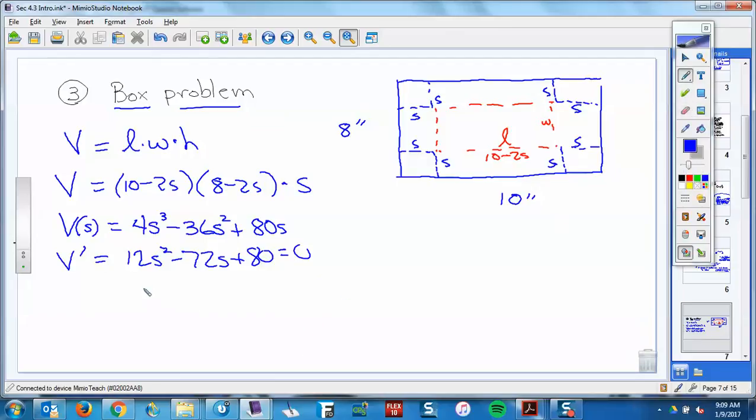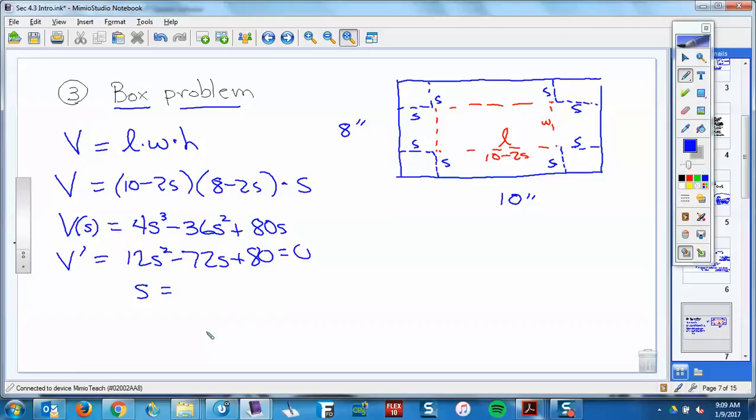What do you get? It's good to let the calculator do the derivative for you there, because then you just have it, and when you do your solve, you can just go up and graph it, right?